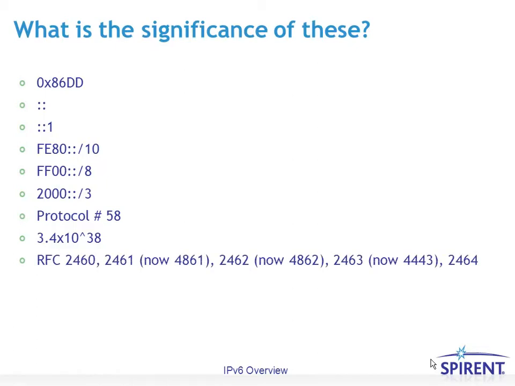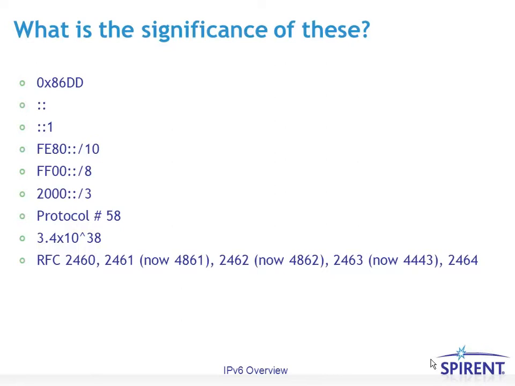These 5 RFCs are the base IPv6 protocols. They're the minimum required for an IPv6 implementation. RFC 2460 is the base IPv6 specification, just like RFC 791 is the base IPv4 specification.